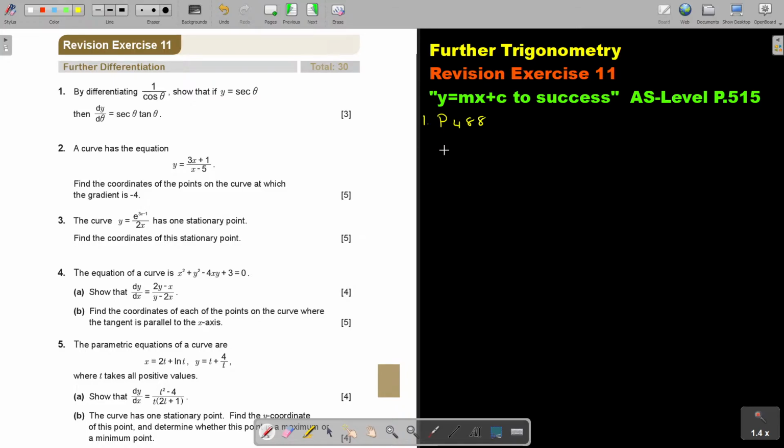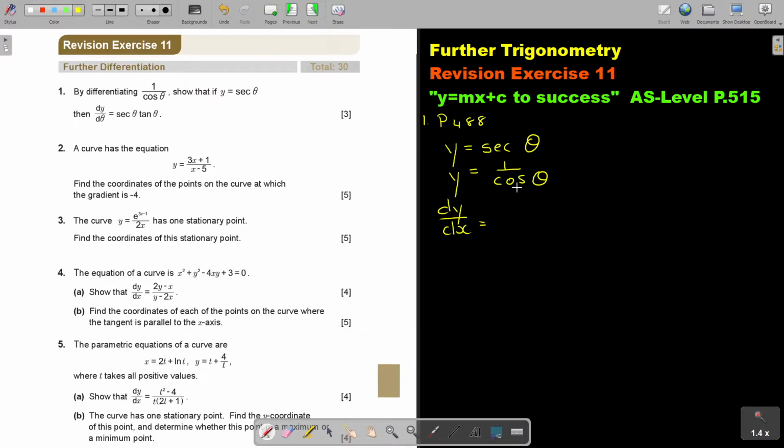So let's start by saying y is equal to sec theta. That is actually 1 over cos theta, the clue they gave you. Now I'm going to use the quotient rule. I'm going to say dy over d theta.